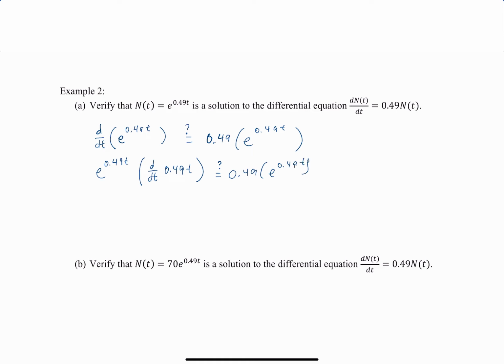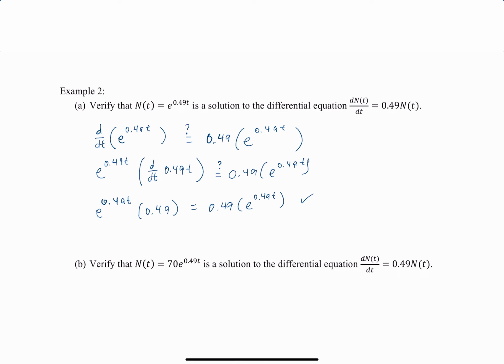And let's see, the derivative of the exponent is 0.49. And yes, that is certainly equal to 0.49 times e to the 0.49t. So, yep, it's a solution.